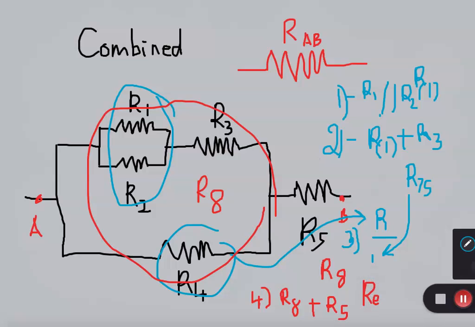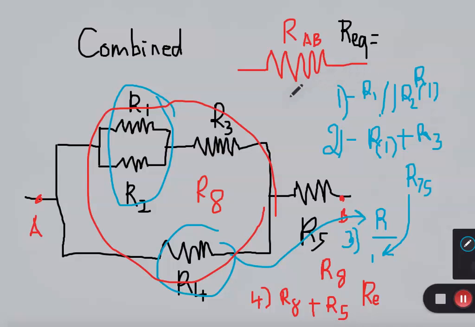Here is my suggestion. Do the calculations and find the R equivalent. After calculation, I got this number here. Match it with yours. This time we're going to give some numbers.